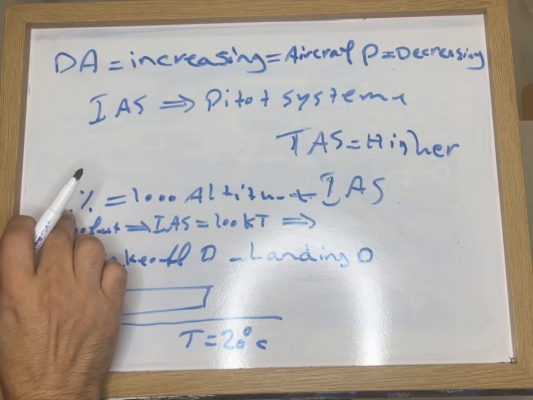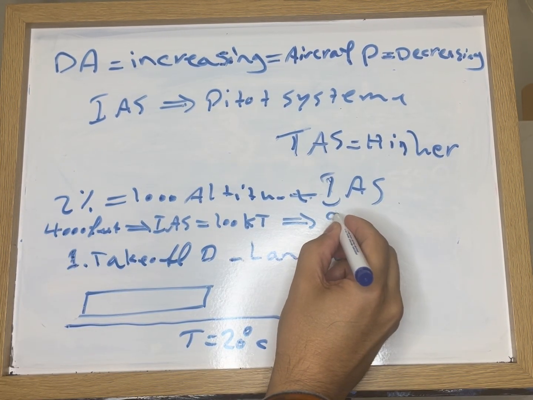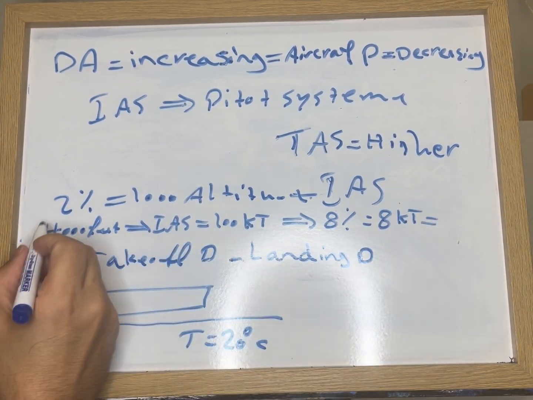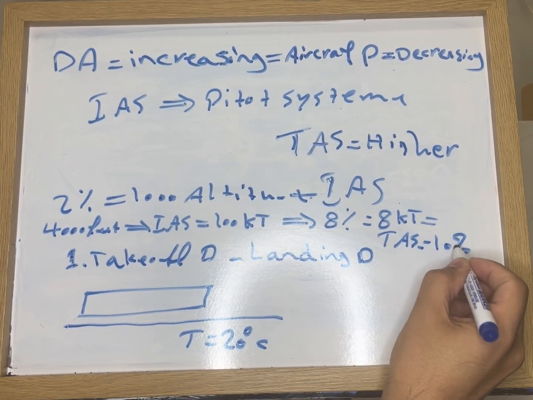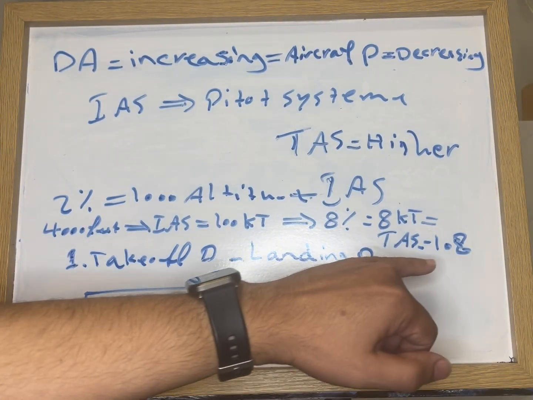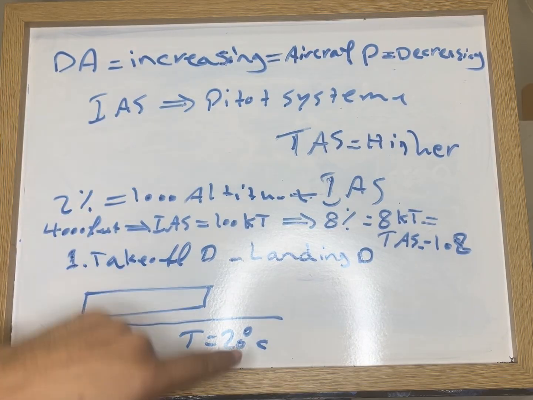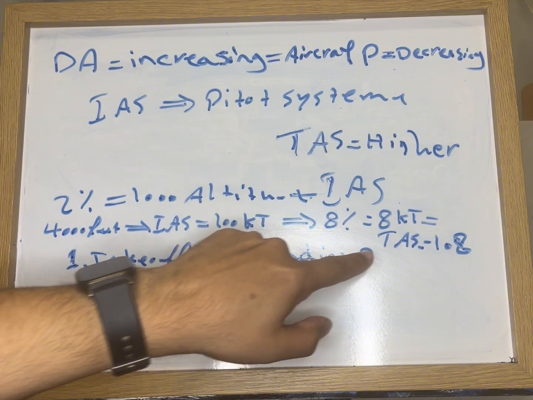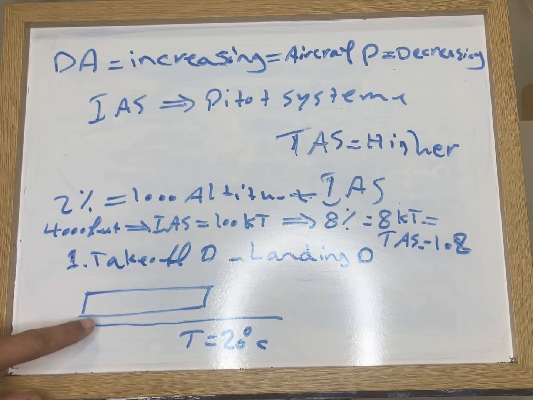At 4000 feet, 8% equals 8 knots. So at 4000 feet, true airspeed is equal to 108. So when you are at higher density altitude, when temperature is higher, it impacts landing distance because true airspeed is higher and we need much more distance to stop on the runway.